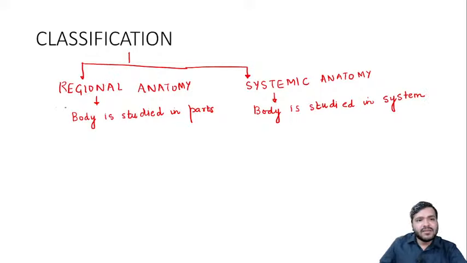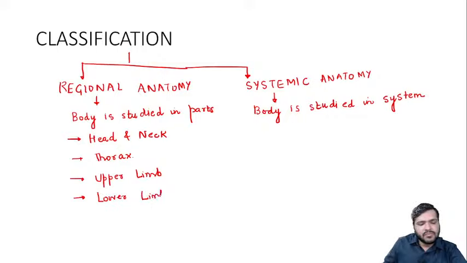Now coming to the regional anatomy, that is your first year, the topics that you all learn in first year: the head and neck, the thorax, the upper limb, the lower limb, the pelvic region, and the brain along with the abdomen.